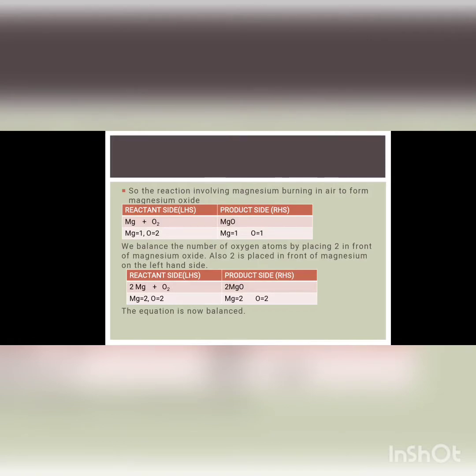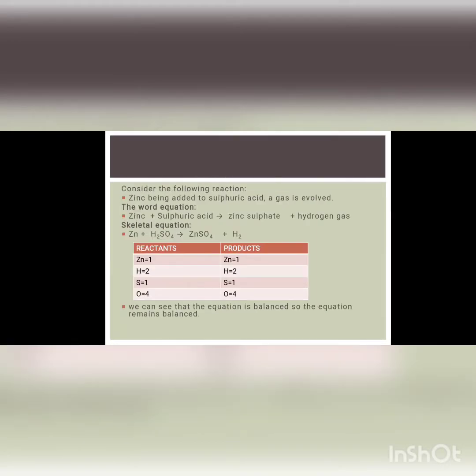After doing so, we see that the number of magnesium and oxygen on the product side is 2, and that on the reactant side is 2 of oxygen. We also need to balance magnesium, and that can be done by placing 2 in front of Mg. So the whole reaction is balanced.